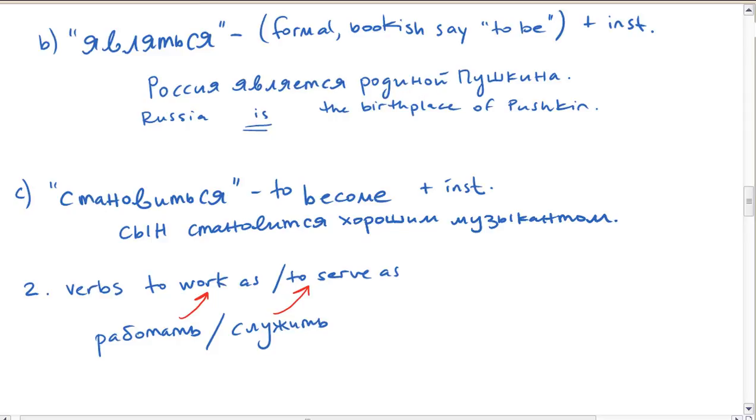So the son is becoming a good musician. So we put what he's becoming in the instrumental, what he's turning into. And you could also say я хочу стать профессором. I'd like to become a professor.